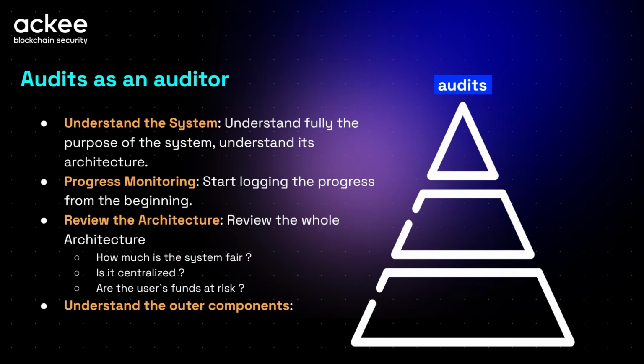It is also important to understand the outer components. So again, apart from the smart contract, you need to understand, let's say, the external dependencies. I was talking about the Rust docs and how you should always check the Rust docs for the external functions.